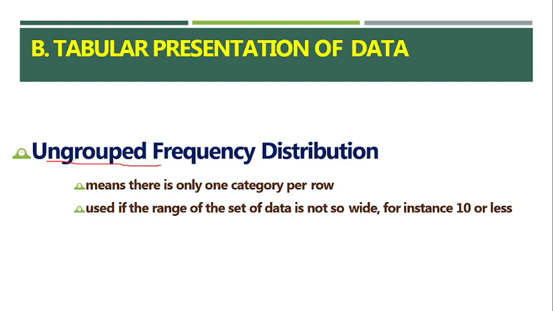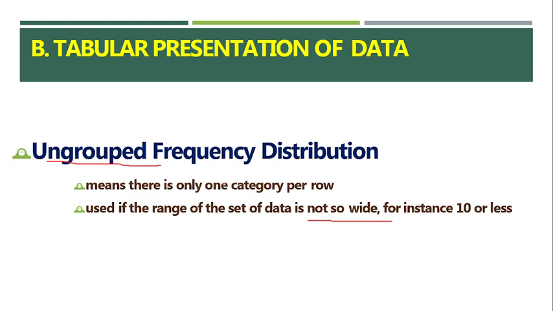Sometimes we use bigger scales of data and we are still able to gather information with this, it's just that when we are in ungrouped frequency distribution, the data is not so wide. Okay po? We use ungrouped frequency distribution if the data is not that big.